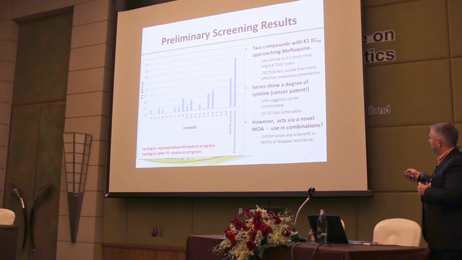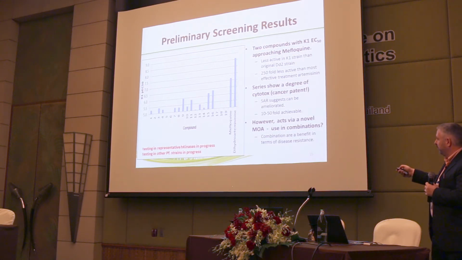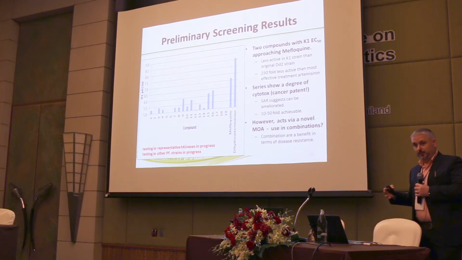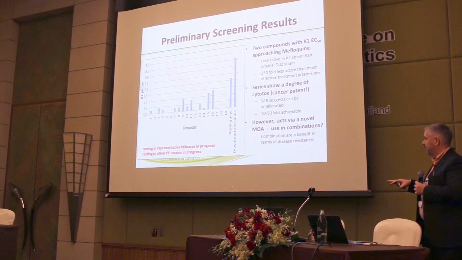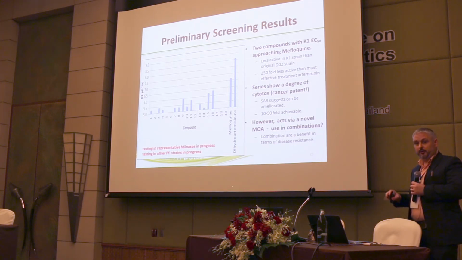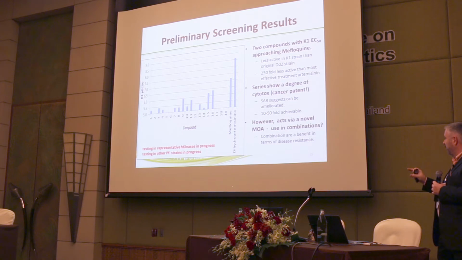This is a work in progress, but we found a number of compounds did have confirmed activity. Cytotoxicity at, I think, 50 micromolar was noticeable for some compounds, but there was a window, and 10 to 50 fold should be achievable.